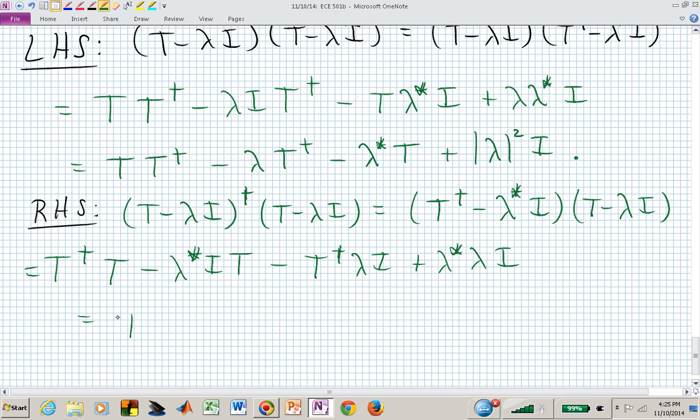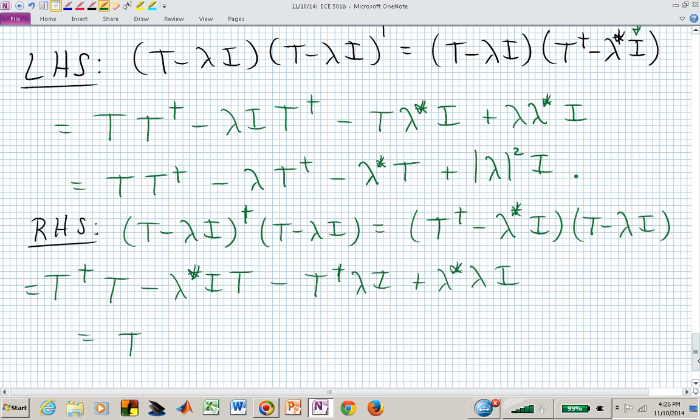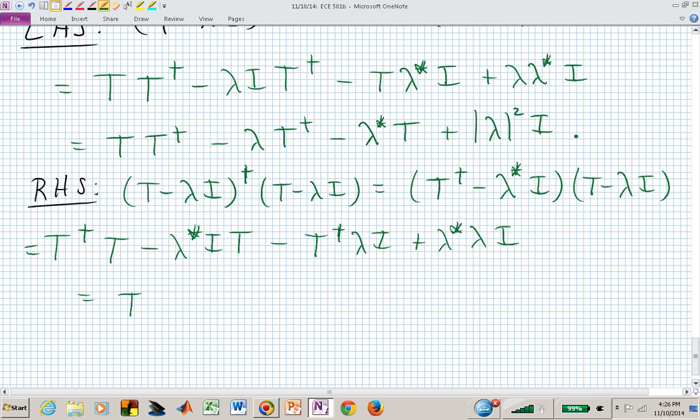And that's now equal to T. What was T? It was normal, wasn't it? So now we have T dagger T. How do I want to say this? T commutes with T dagger, so now T dagger T becomes T dagger.